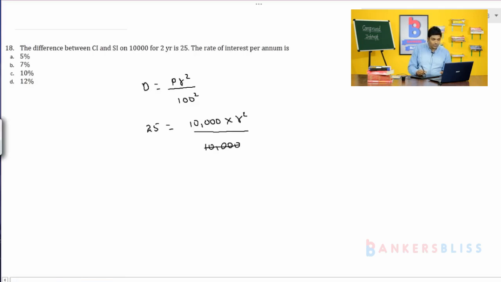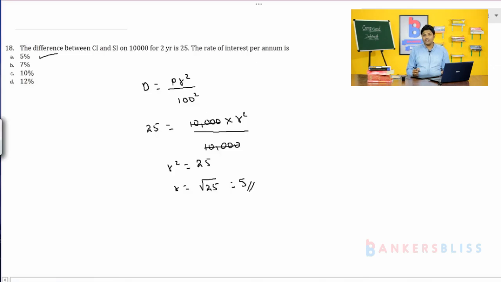The 10,000 gets cancelled. R square is equal to 25. Therefore, R is equal to root of 25, which is equal to 5. So, the rate percent is 5%. Option A is the right answer.